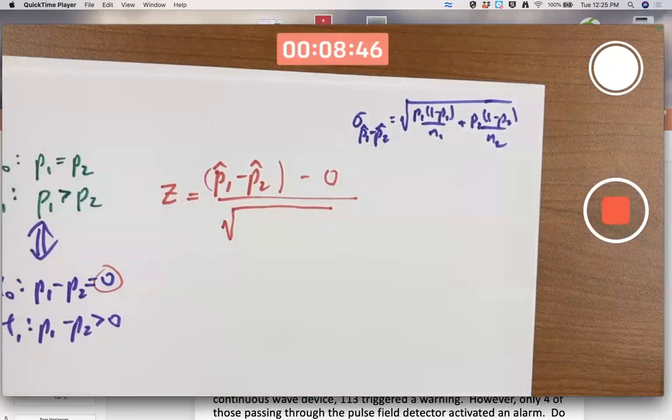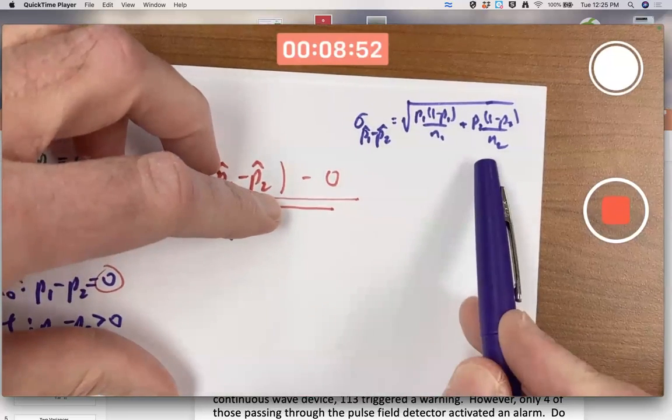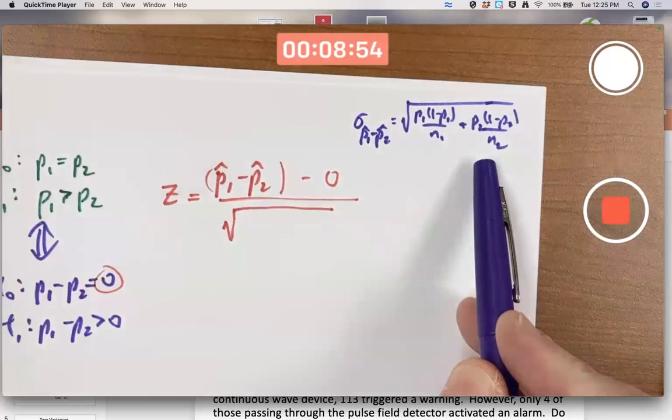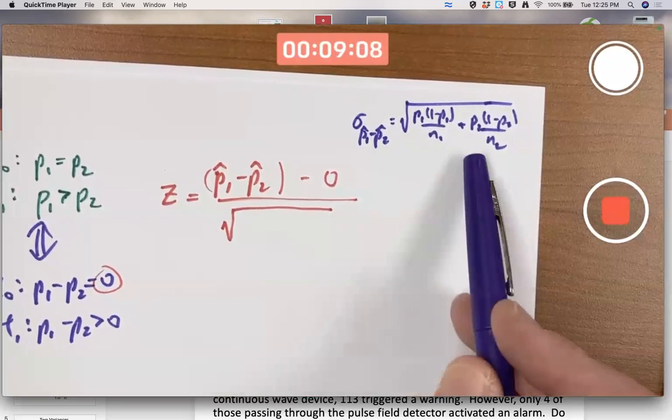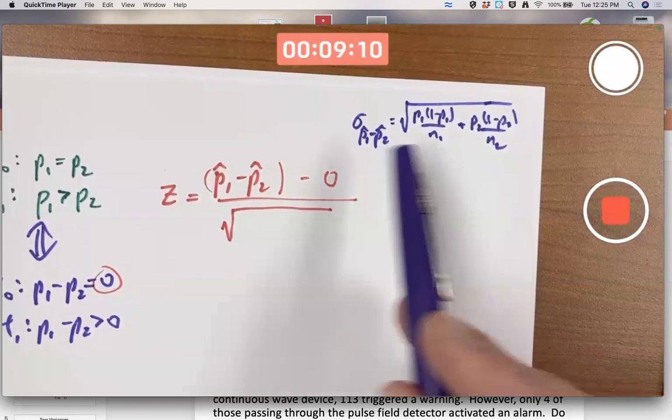They're completely random, independent of each other. That assumption means you end up adding the variances. Remember back in chapter 3? You have two random variables being added or subtracted, and you add their variances if they are independent. And then we take a square root to get the standard deviation.